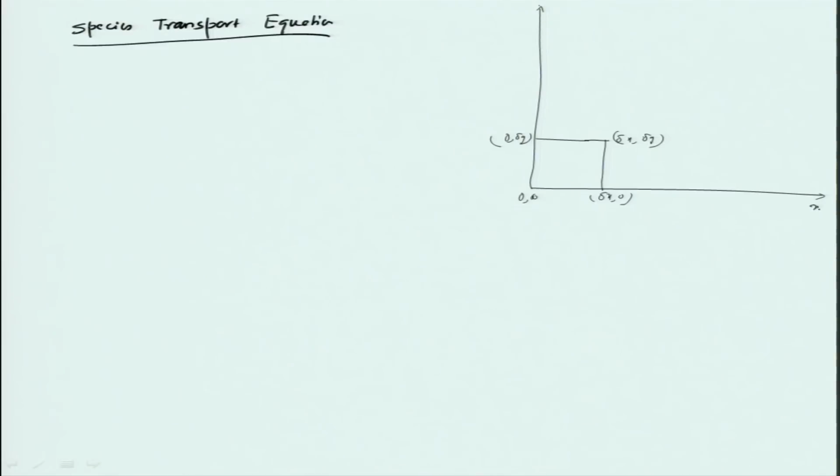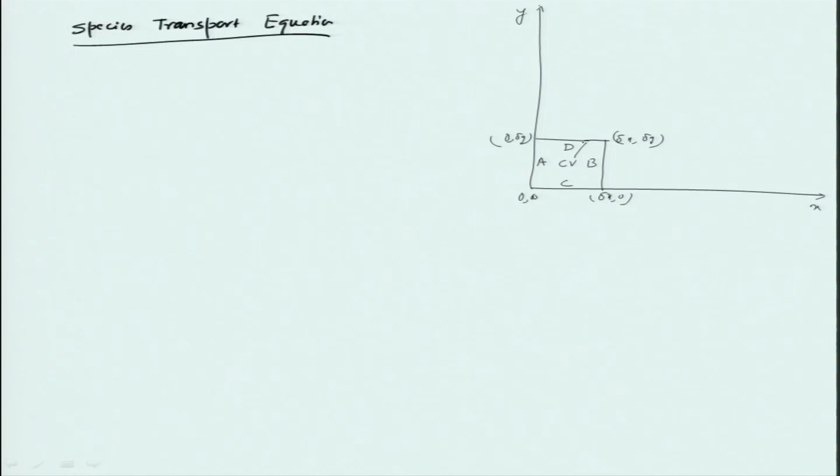This is the x direction, this is the y direction. This is our control volume, with faces A, B, C, and D.